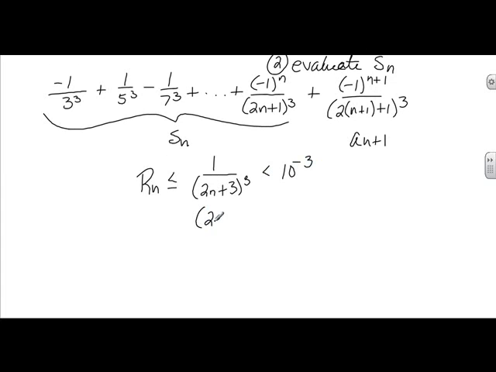Now, because n is a positive number, multiplying or dividing this inequality is not going to cause us to need to reverse the inequality symbol. So I'm going to take a cube root of both sides. That gives you 2n plus 3 is greater than 10. 2n is greater than 7. n is greater than 7/2, which last time I checked was 3.5.